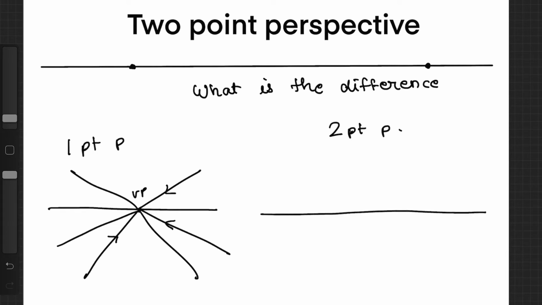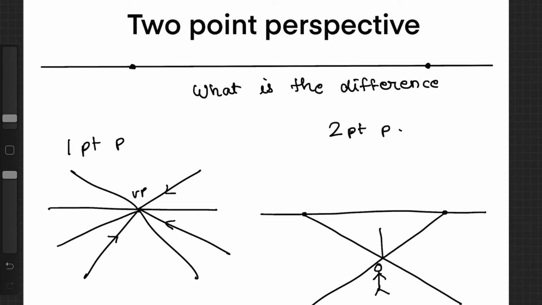We have the same horizon line, but here instead of one vanishing point, we have two vanishing points. That's why two-point perspective. So if you're standing here as a person, you're going to have this and this point of view.